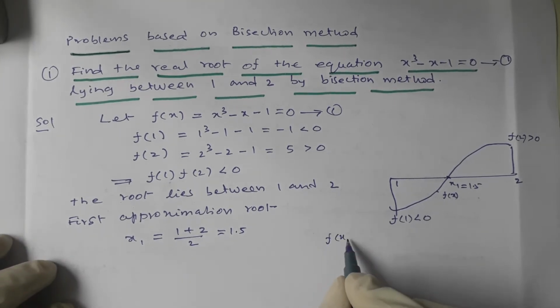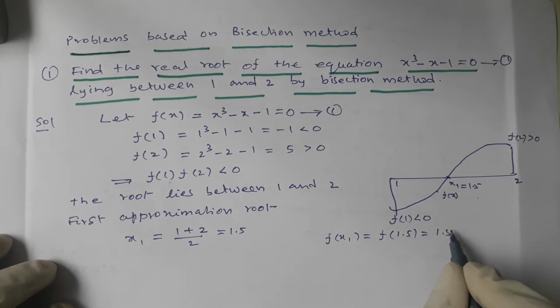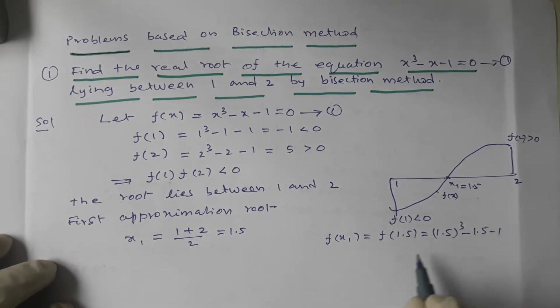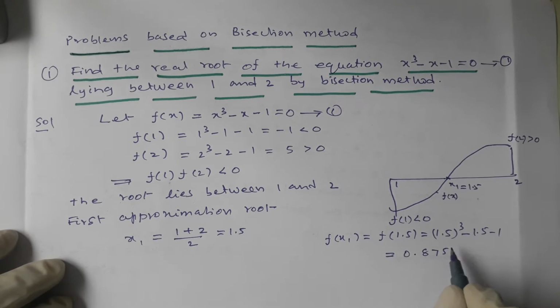Substitute this x1 value in the given function. f of x1 is equal to f of 1.5, which is 1.5 whole cube minus 1.5 minus 1. Its simplification is 0.875, greater than 0.